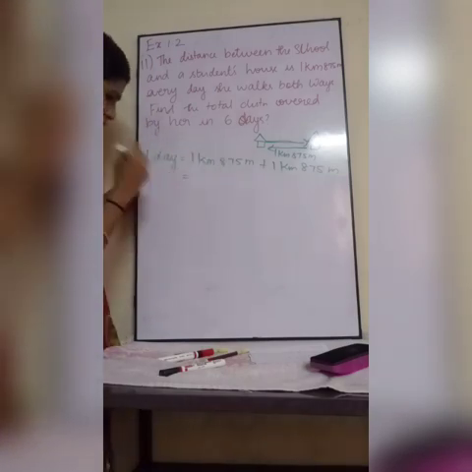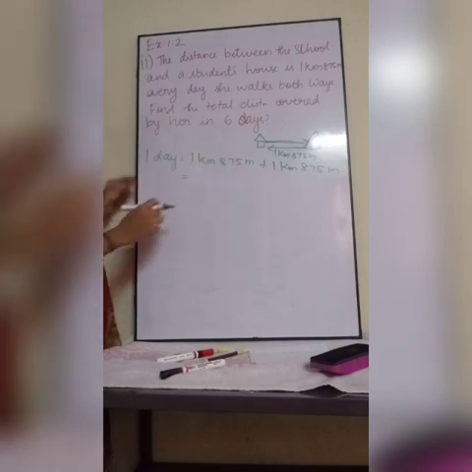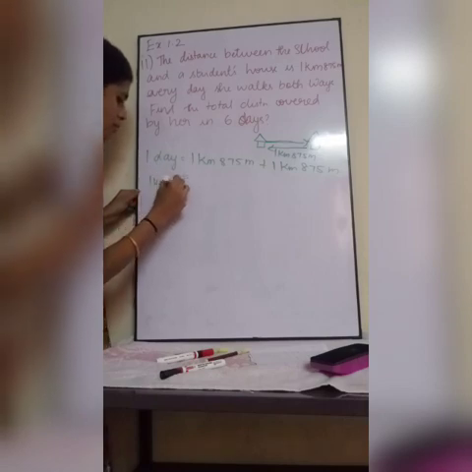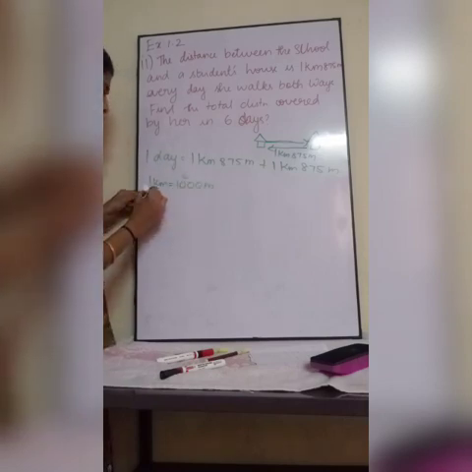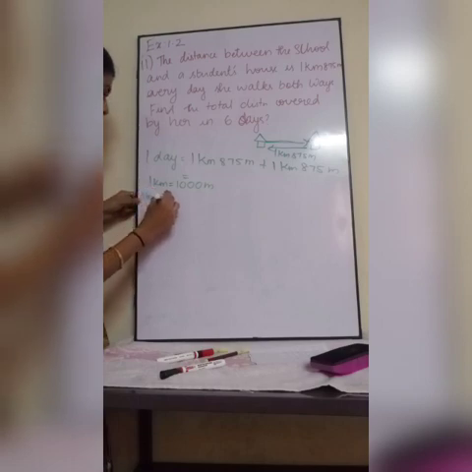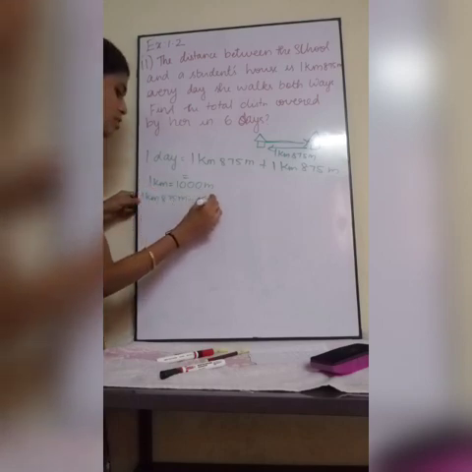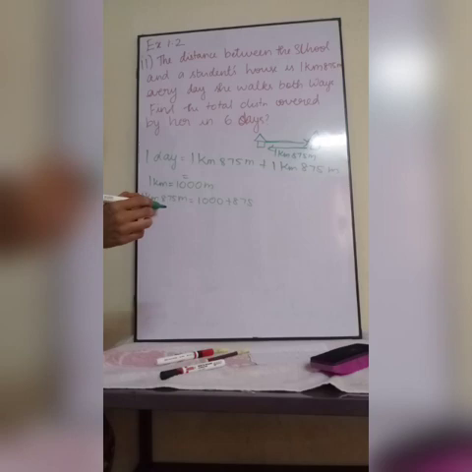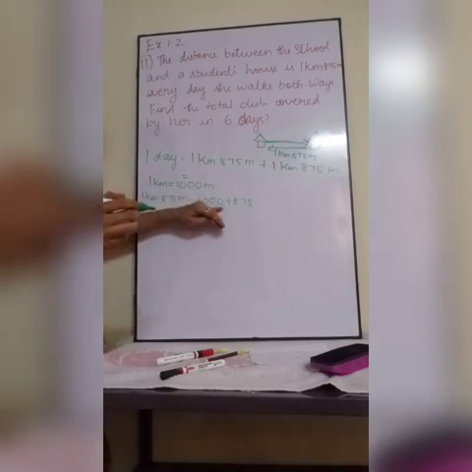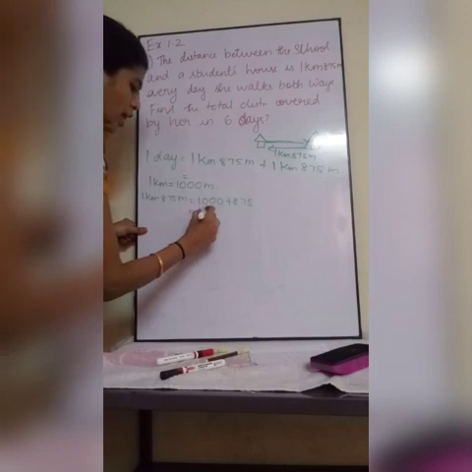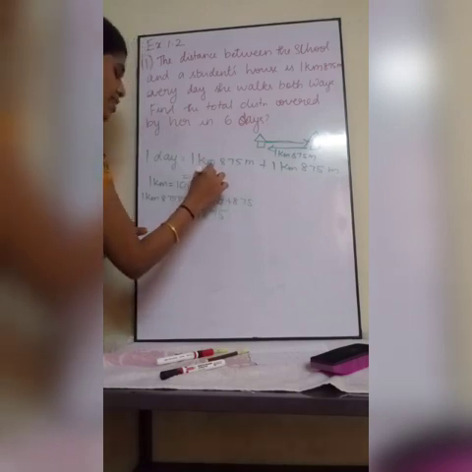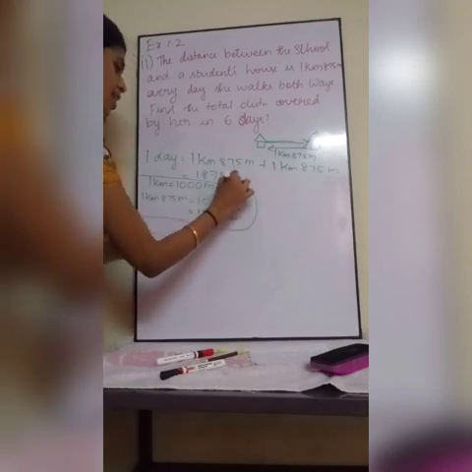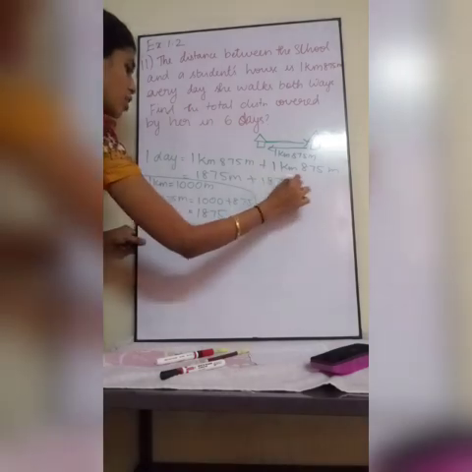First, we can convert to either kilometer or meter. 1 kilometer is equal to 1000 meter, so 1 kilometer 875 meter is 1000 plus 875, which is 1875 meter. 1875 meter plus 1875 meter for one day.